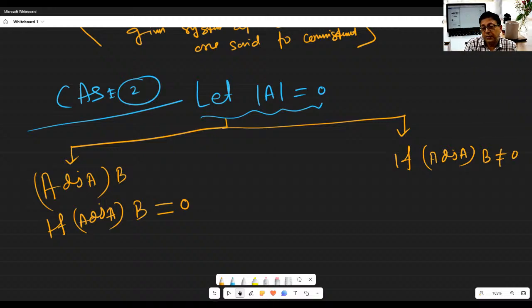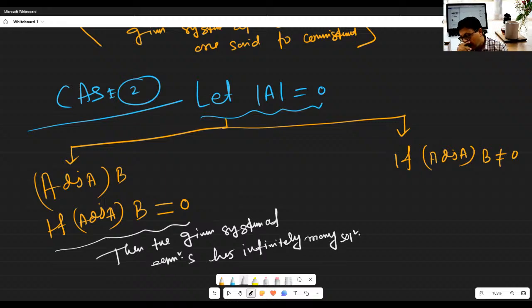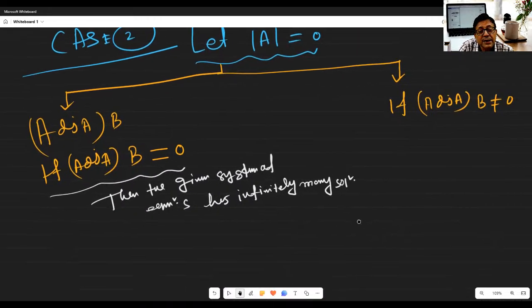Based on this, we will say whether it has solution or not. If this is 0 in addition to det A 0, then the given system of equations has infinitely many solutions. I'll show you how infinitely many solutions can exist here. And again, in this case, the given system of equations are consistent.